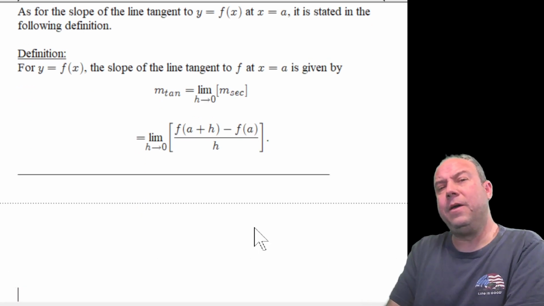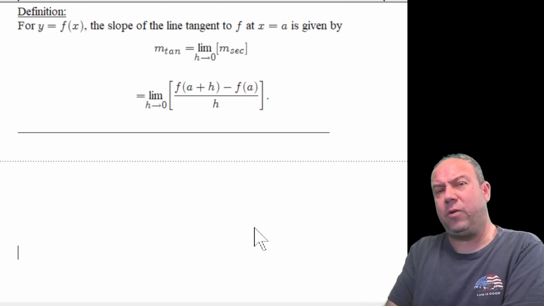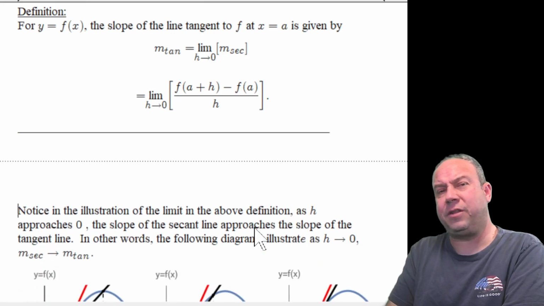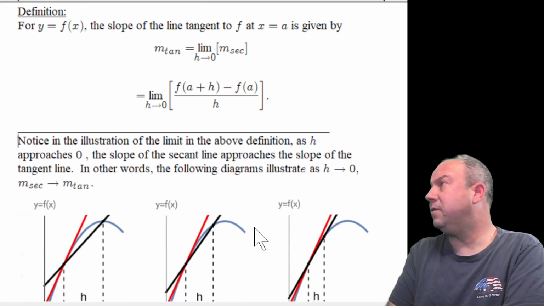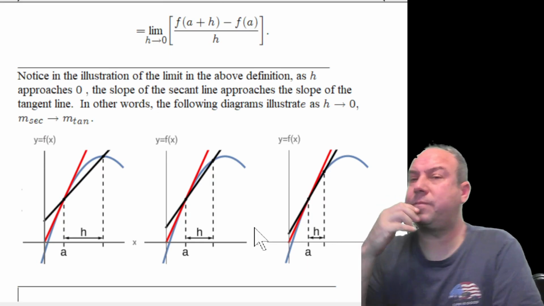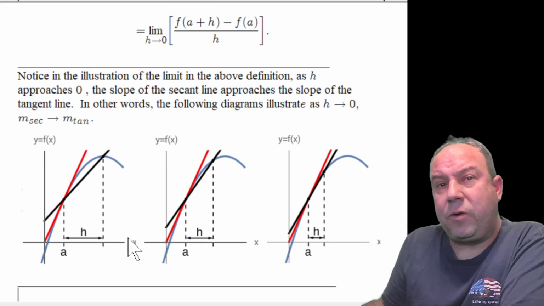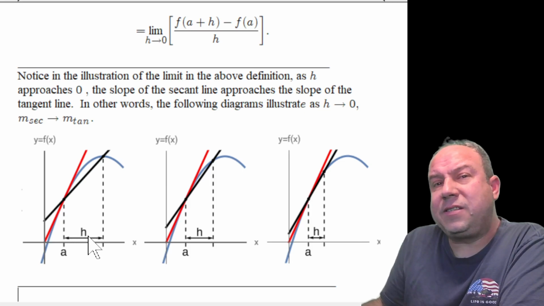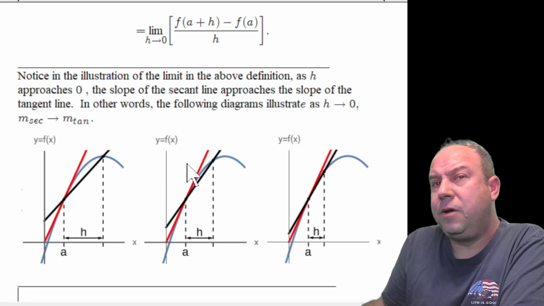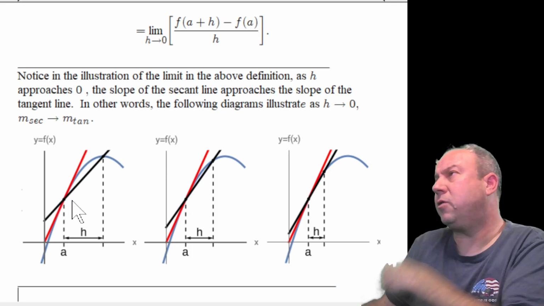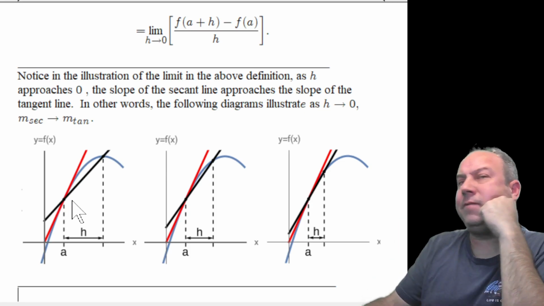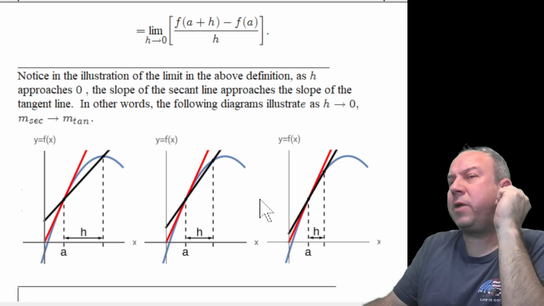Okay. If we were to illustrate this, I do give you a static illustration here in the notes. What the static illustration is showing you is that moving this h value, or making this h value shorter and shorter, will move the second coordinate closer and closer to the first, where we would expect our tangent behavior. The tangent line is illustrated in red.